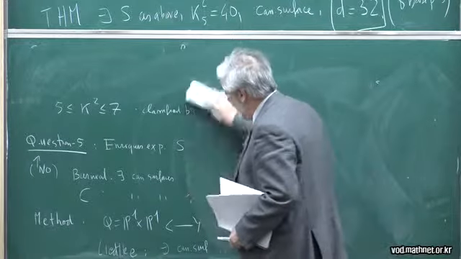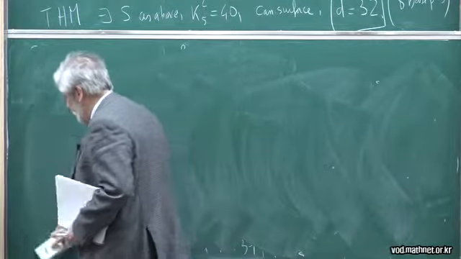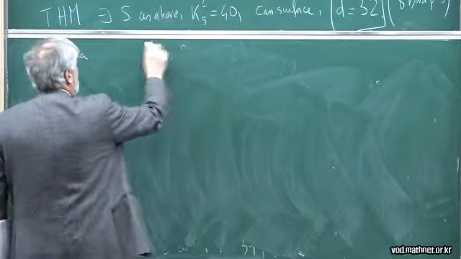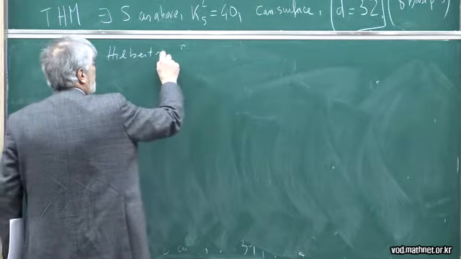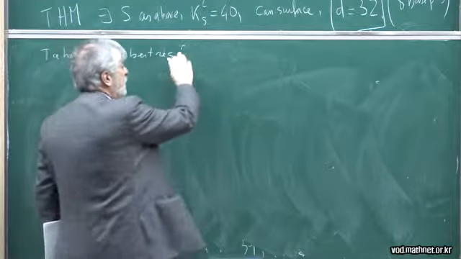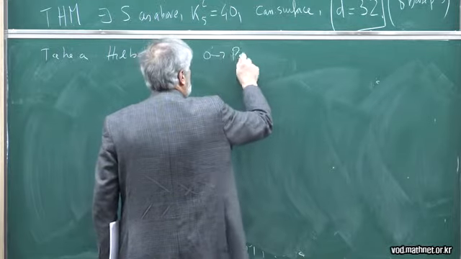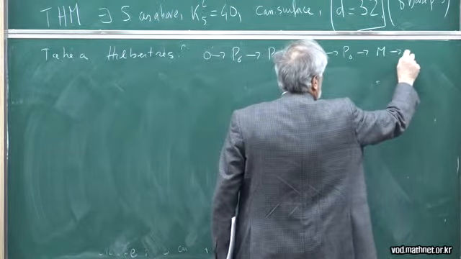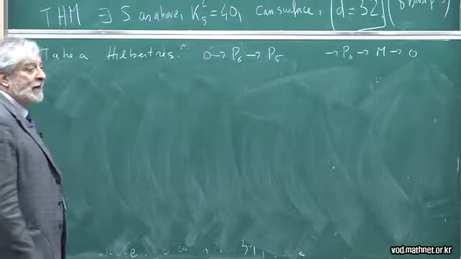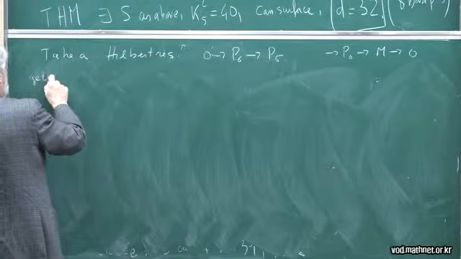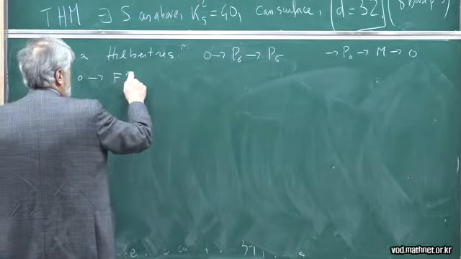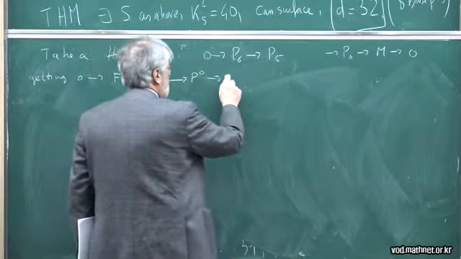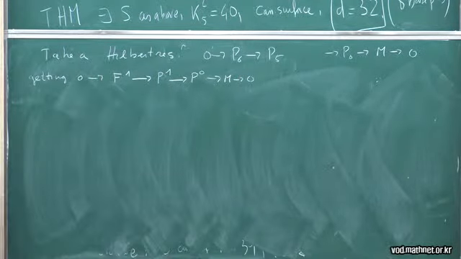Now the recipe, done by Horrocks: you take a Hilbert resolution, a minimal graded free resolution of M, and then you truncate to the right. F1 is called the first syzygy module.